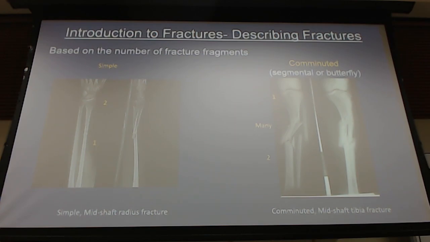But in the case of most of the long bones, if it's a mid-shaft fracture, not that important. Okay. It becomes important to us based on where those fragments are and how we get it, if we have to do some operative management.